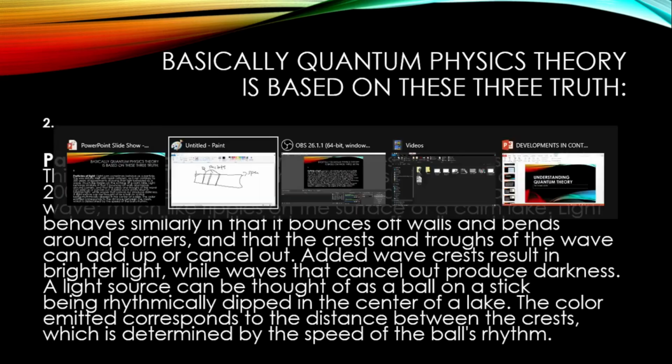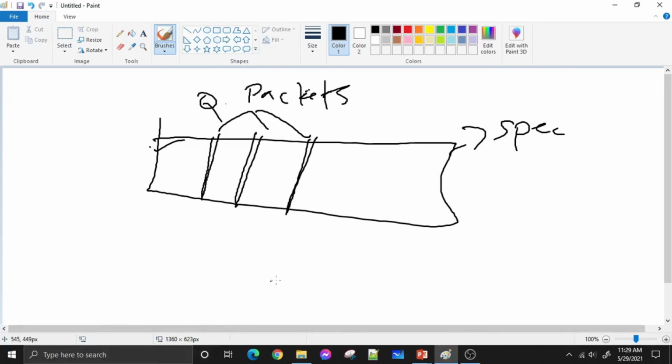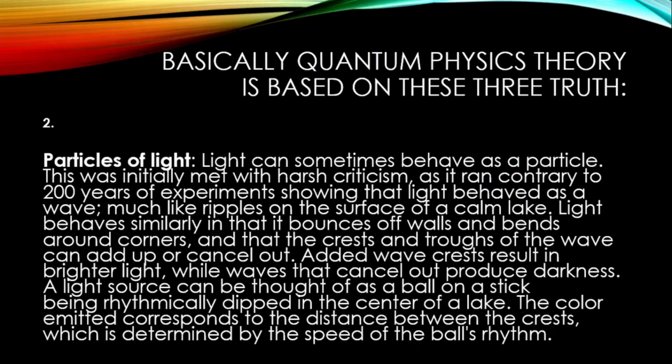Imagine this is your lake, and you drop something here, like a stone. It will create a ripple. That ripple is a representation of the wavelength of the wave of light. Light behaves similarly in that it bounces off walls and bends around corners, and the crests and troughs of the wave can add up or cancel out.